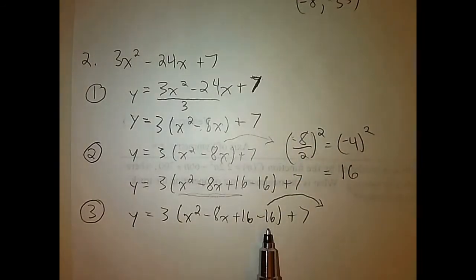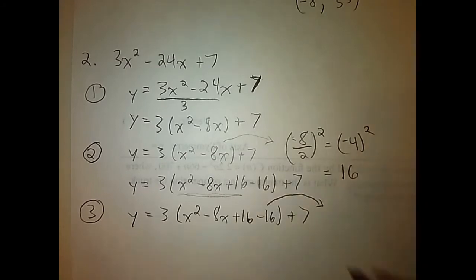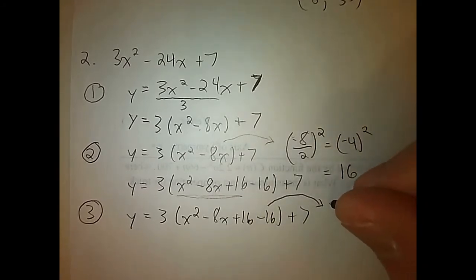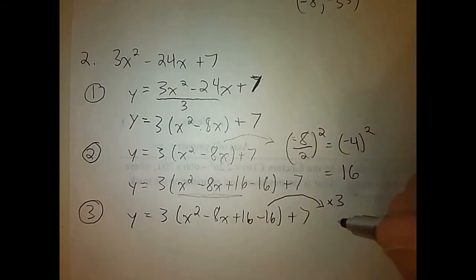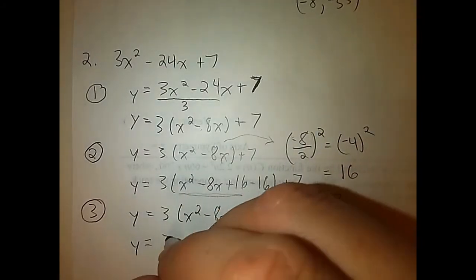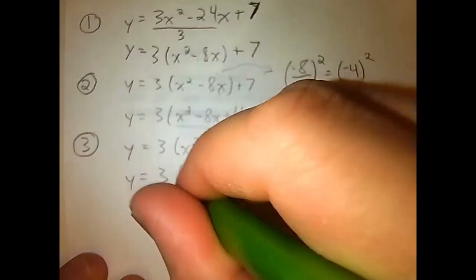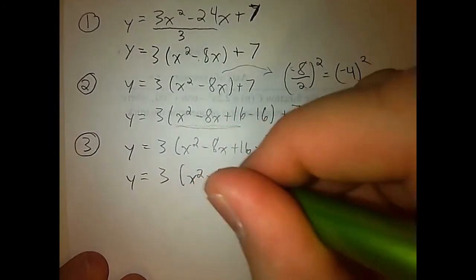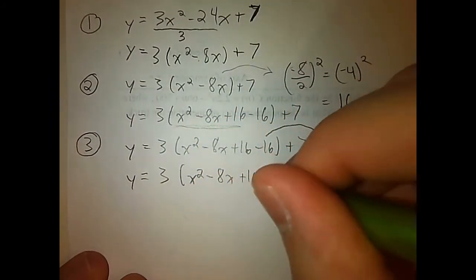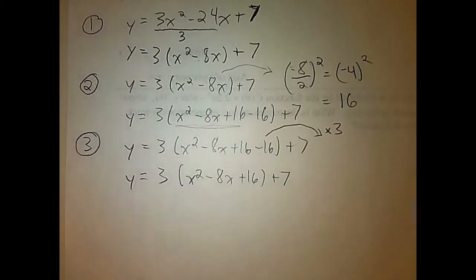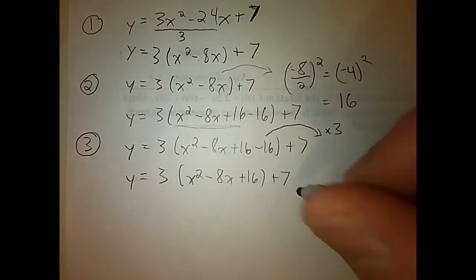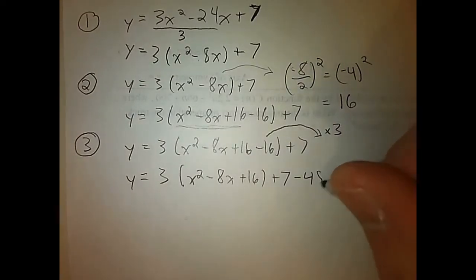And again, I have to multiply it by the coefficient in the front, which is 3. So times it by 3 because I'm moving it out of the brackets. And I'm going to get 3 times x squared minus 8x plus 16 plus 7. When I moved it out over here, times it by 3, I get negative 48.